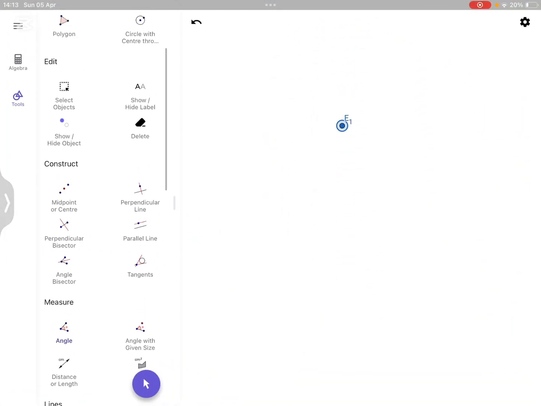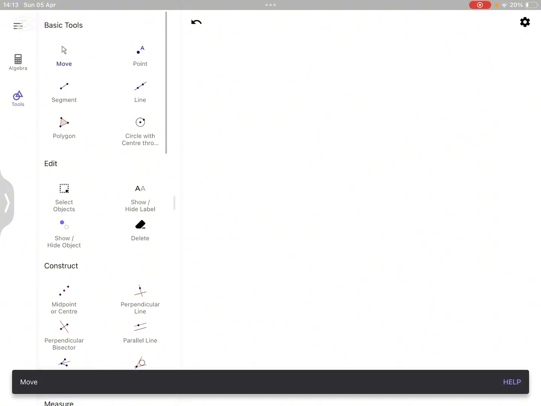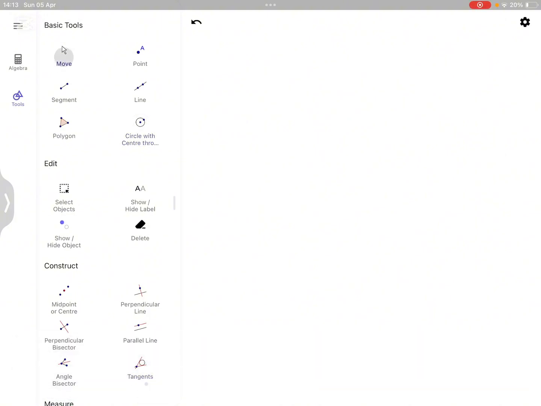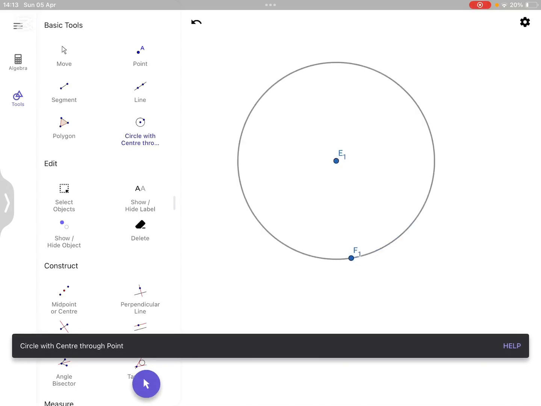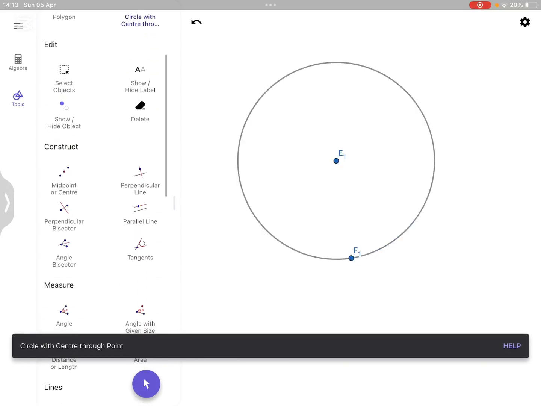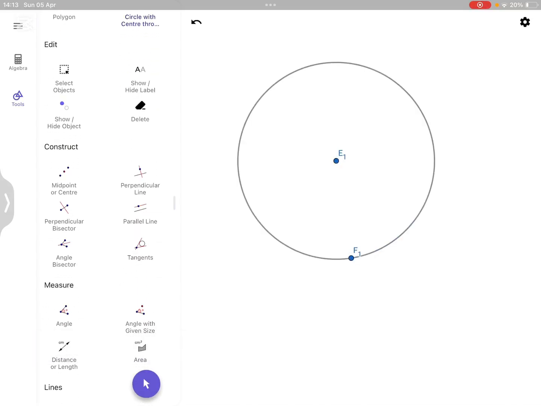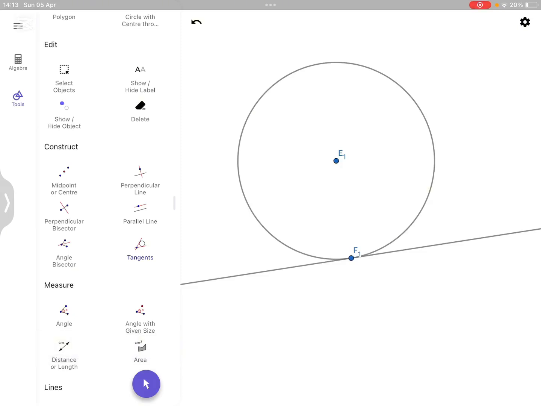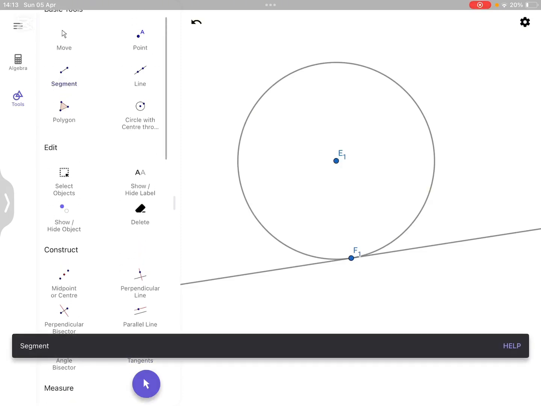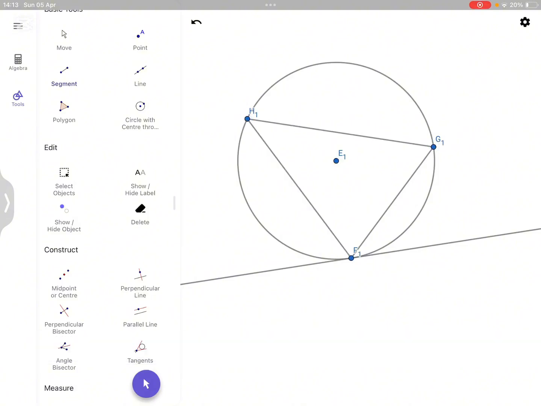Okay, let's take a look at it. Let's say we have a circle, and then let's draw a tangent. We have a tangent, and then we're going to draw our shape.